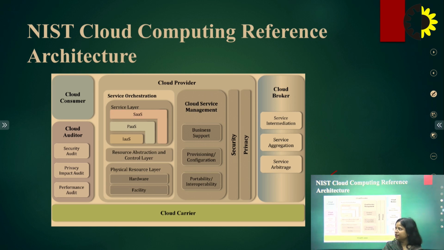Actors are individuals or organizations which have specific, defined functionality. Every actor has its own defined roles and responsibilities. So in this diagram, there are mainly 5 components, or we can say there are 5 actors.